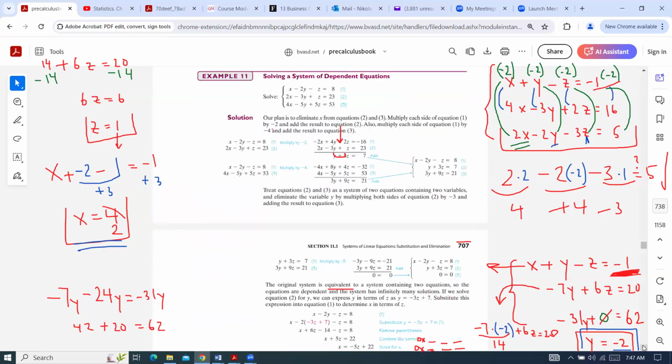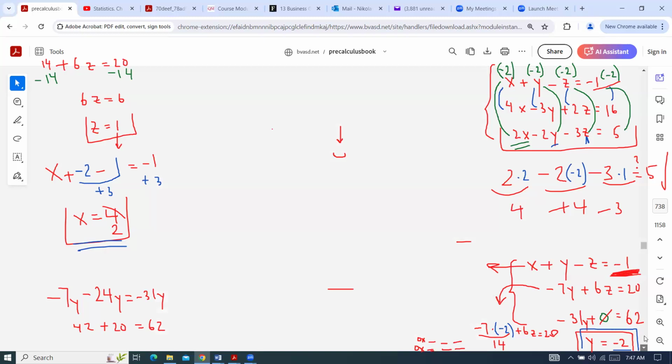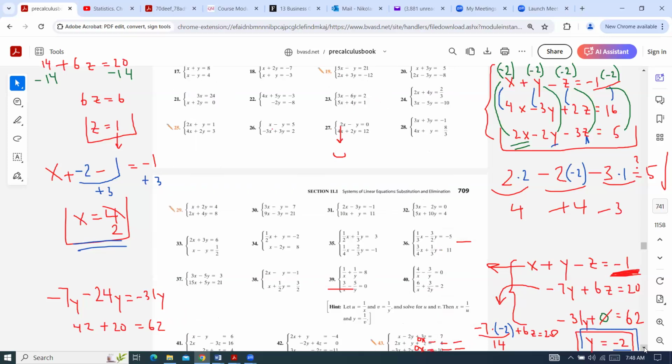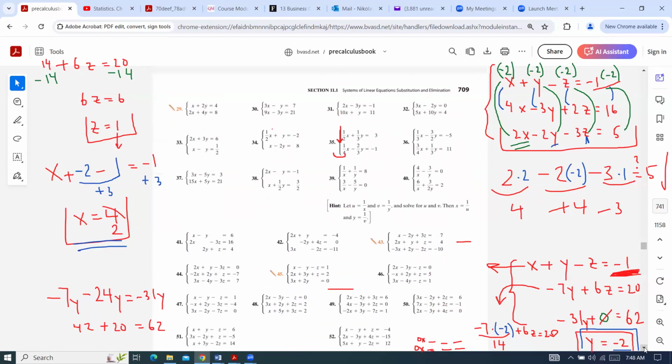So let me do some problems here, as usual at the end of the section. Let me do one more exercise here with these big systems with 3 equations and 3 unknowns. This is always something a little bit more tedious. So here they are.